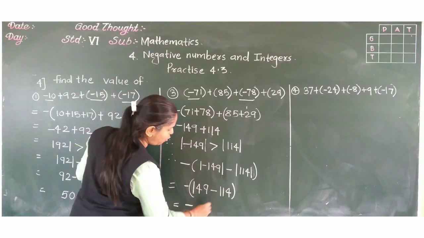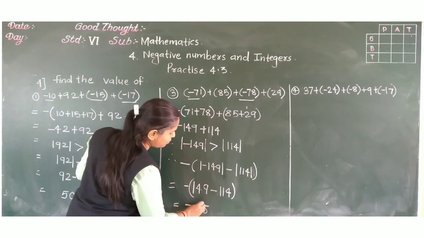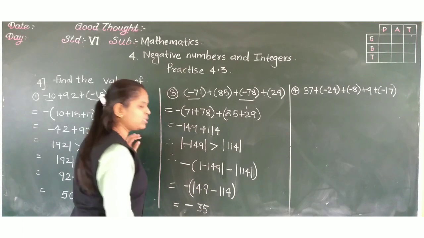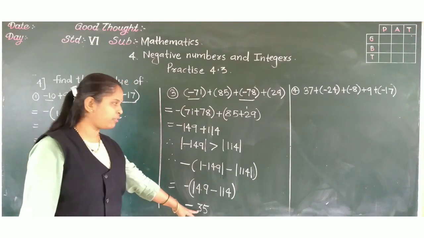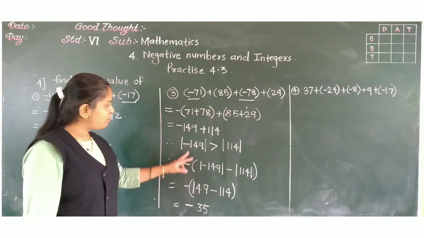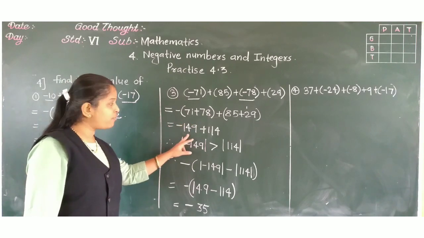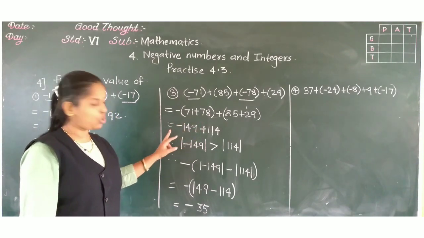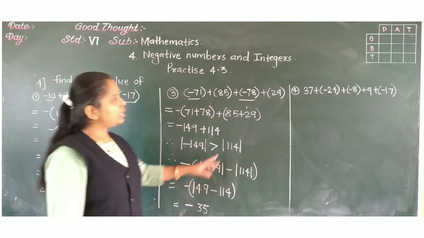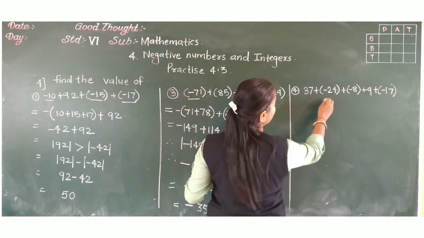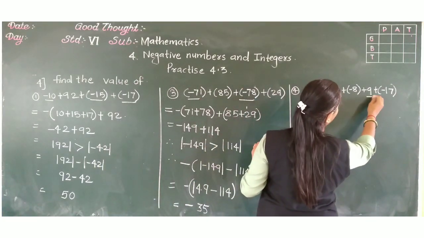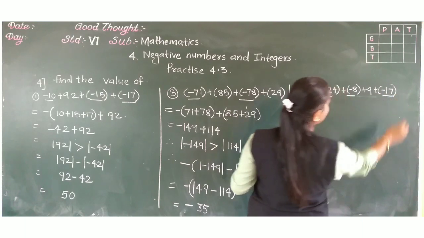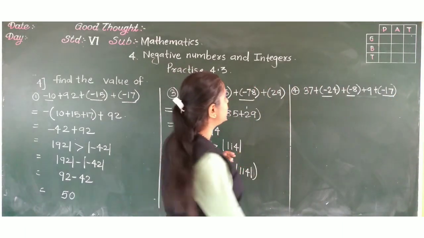So 9 minus 4 is 5, 4 minus 1 is 3, 1 minus 1 is 0. So the answer is minus 35. Why negative sign? Because the absolute value of the negative number is greater. So the answer is negative.